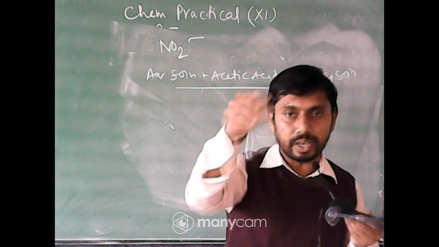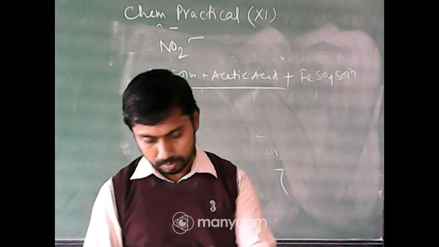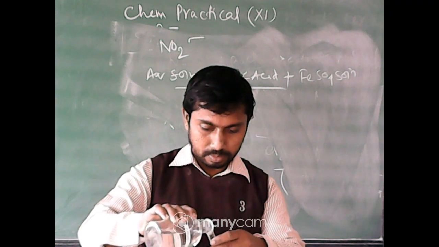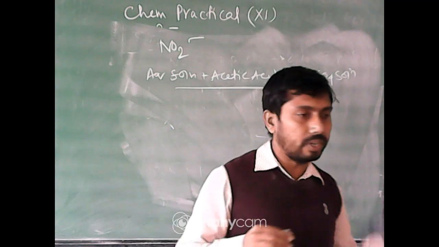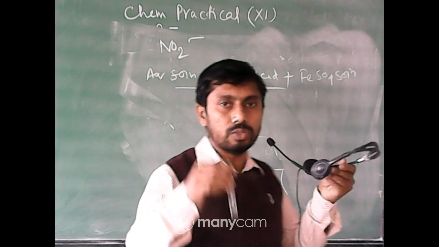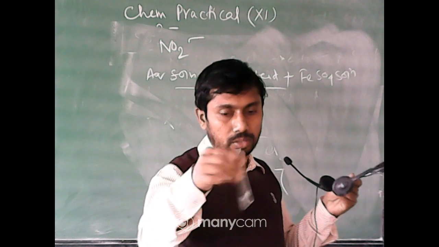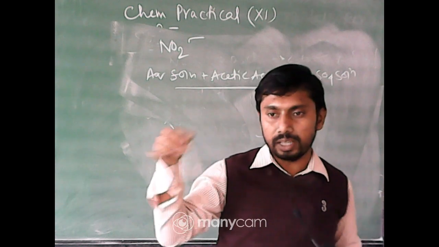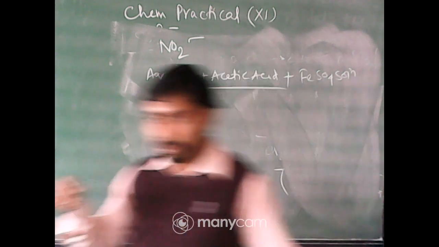Now acidify with acetic acid. Acidification means just adding 1 to 2 ml of the acid, not too much, depending on the volume of the solution. Next, move to the addition of ferrous sulphate solution.